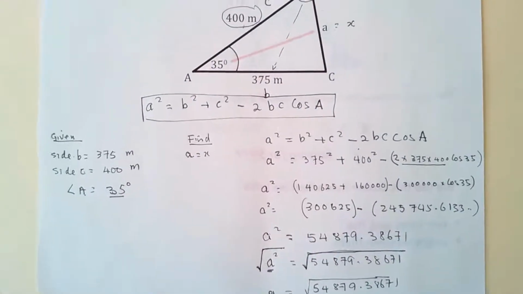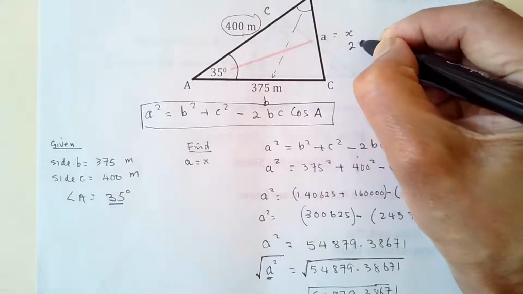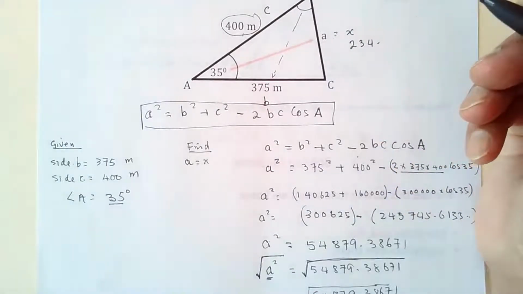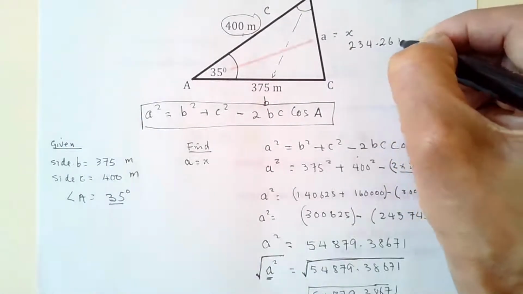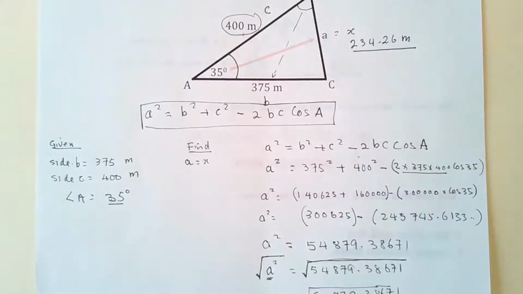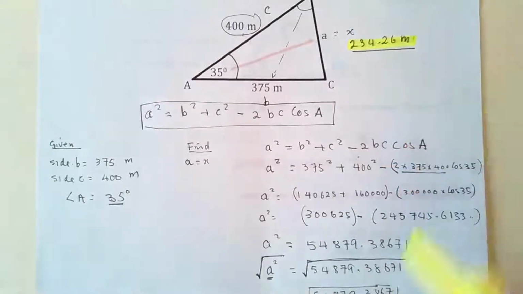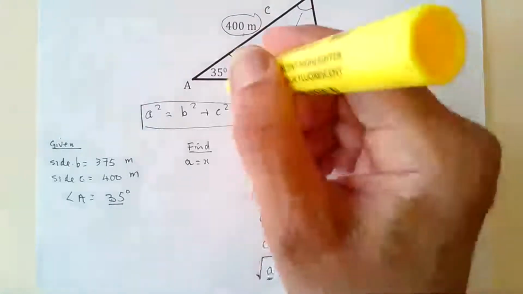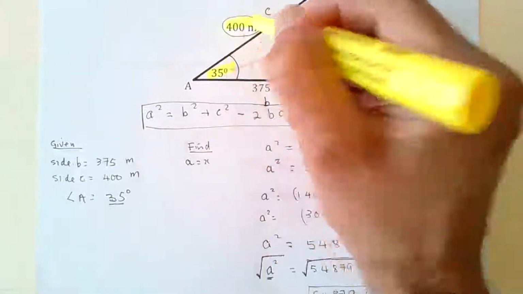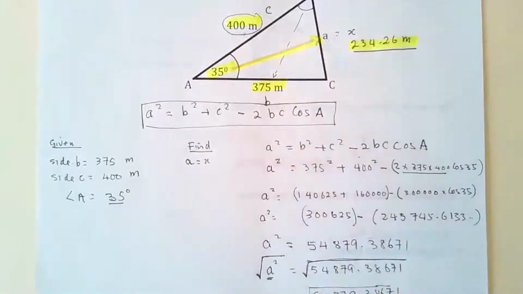So we can conclude that side A is 234.26 meters. That's what we're finding.